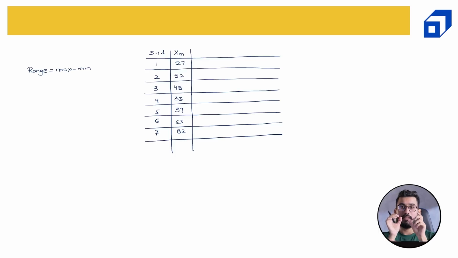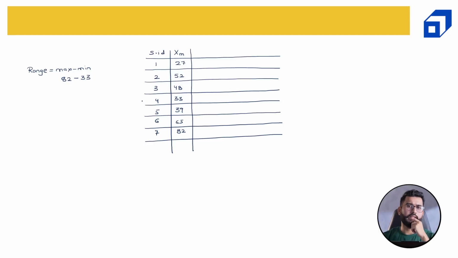If we are talking about marks, it tells you the minimum marks scored and the maximum marks scored, and the range is the difference between max and min. So my max marks is 82 minus the minimum, which is 33, and if you subtract this you will get the range. The second measure is variance, which is a better measure to define the variation in the data.